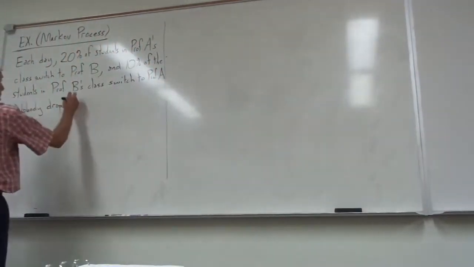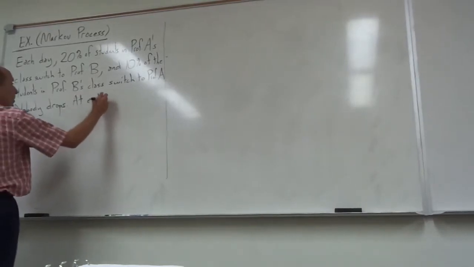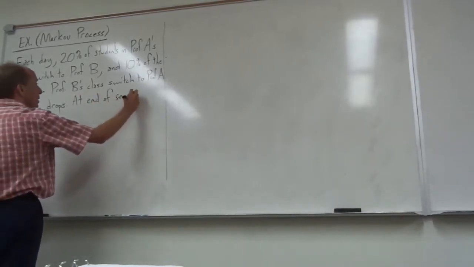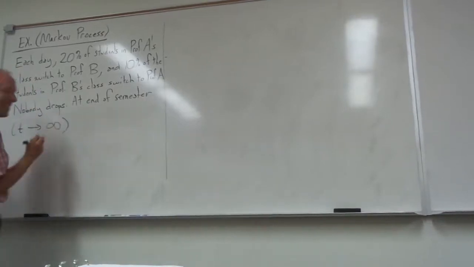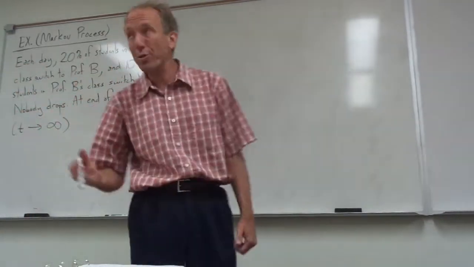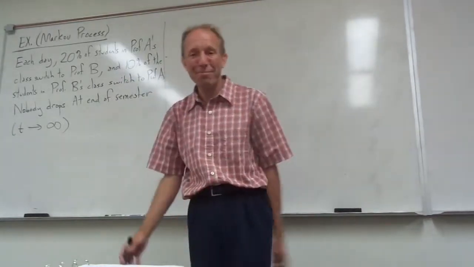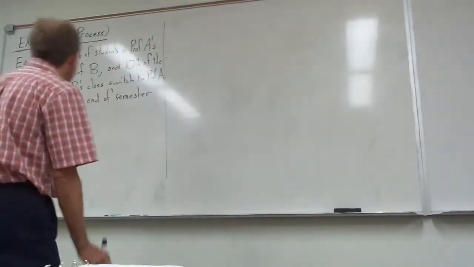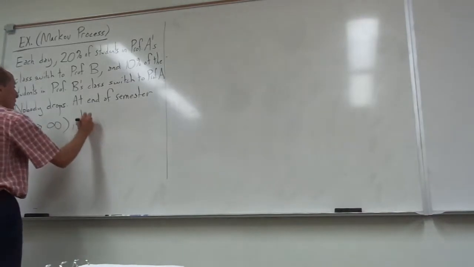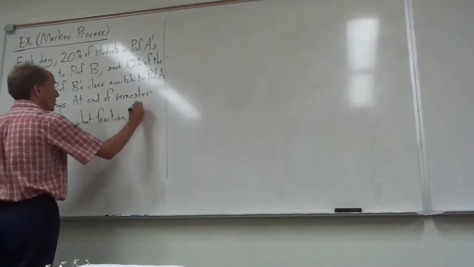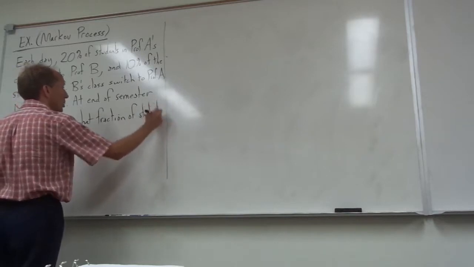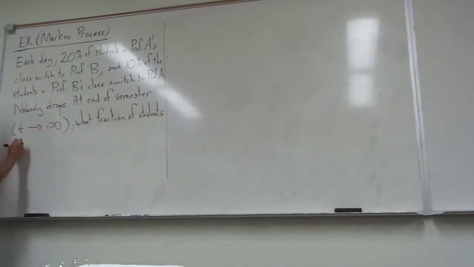So the question is, at the end of the semester, that's really like saying t goes to infinity. I'm sure by the end of the semester it feels like an infinite amount of time. The question is, what fraction of students are in each class?